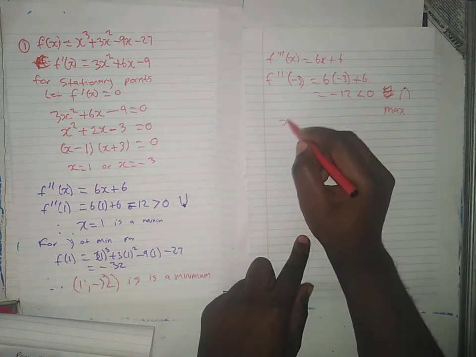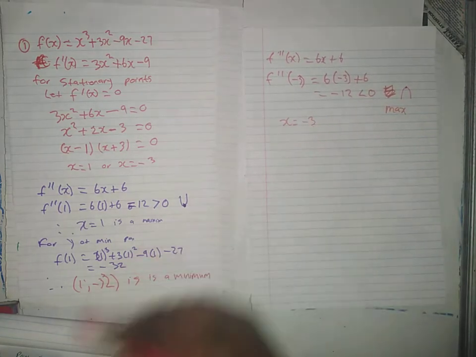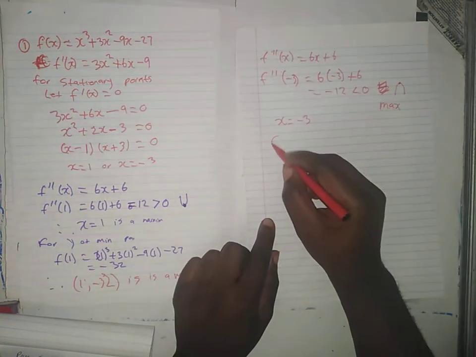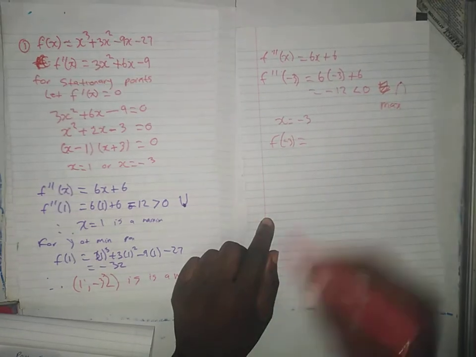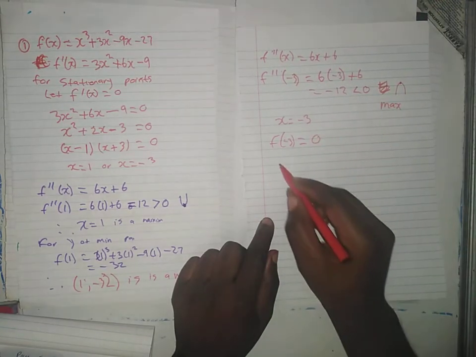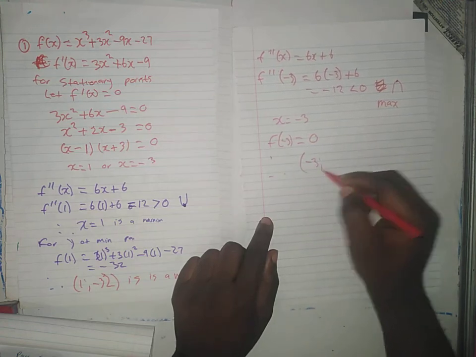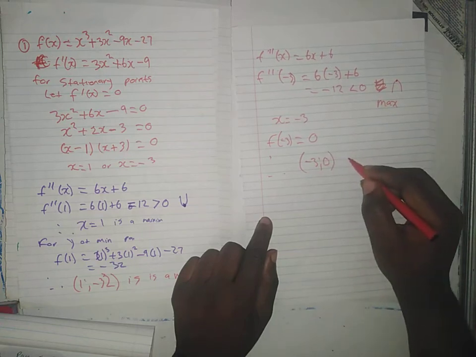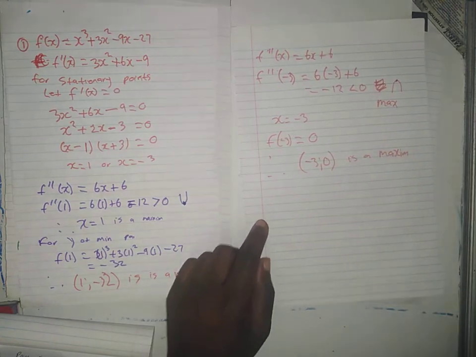So the maximum point is x equal to minus 3, and then also you take this minus 3 and put it in the main equation. f at minus 3, you will see you end up getting 0. So at the end of the day, you've got x, which is minus 3, and y, which is 0, being a maximum point, or local maximum point.